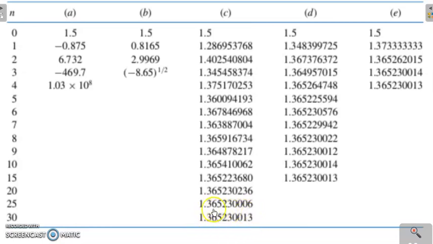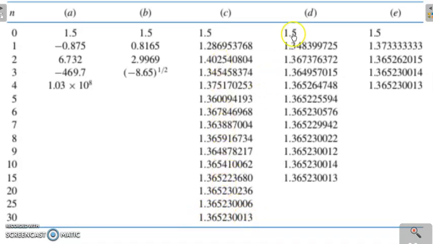Up to 9 digits we have got this. This is a root, and although the sequence is converging to the exact root of the equation, it is a little slow.